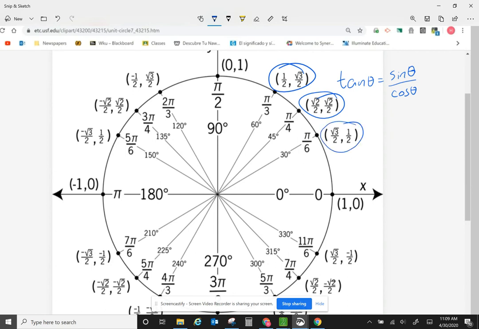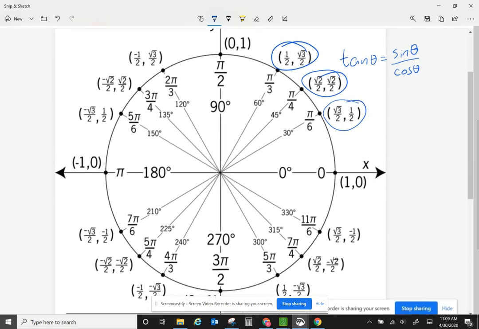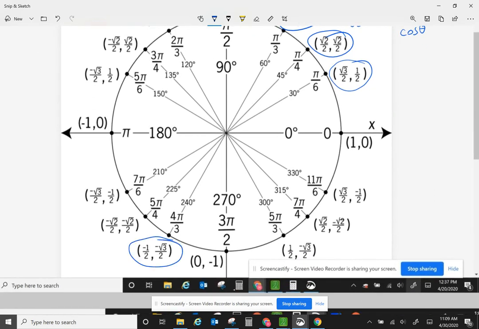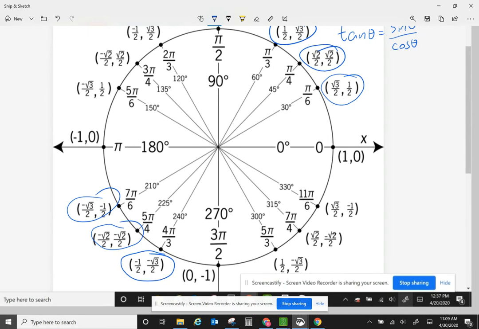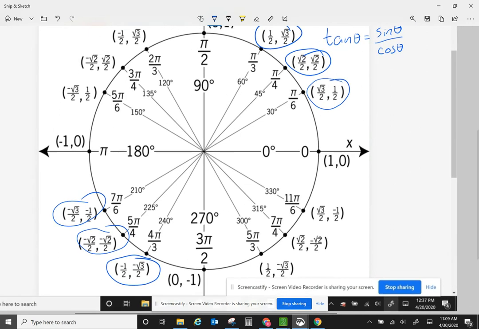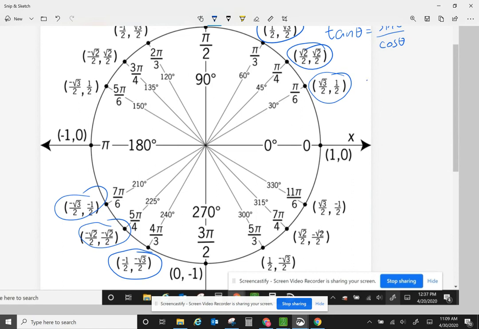If the signs are the same, I'm talking about first quadrant, third quadrant. Right? First quadrant, I have positive divided by positive. In the third quadrant, I have negative divided by negative. In the first and the third quadrant, tangent is positive.